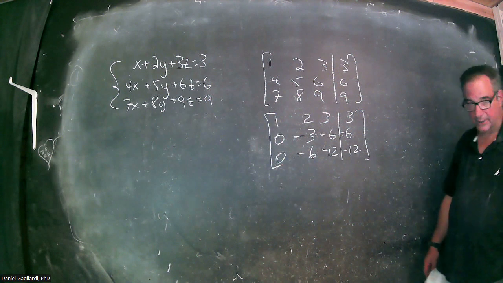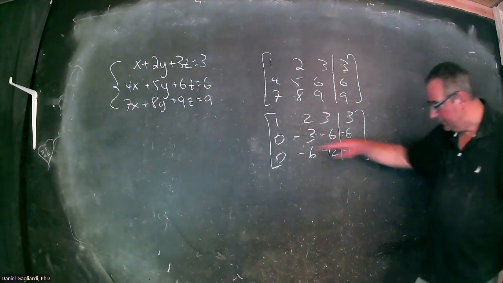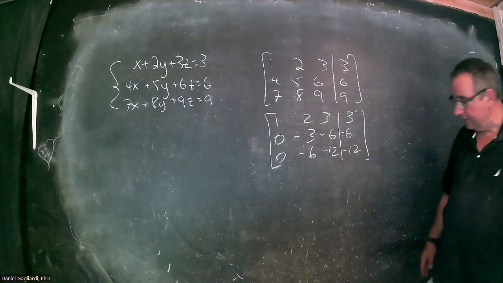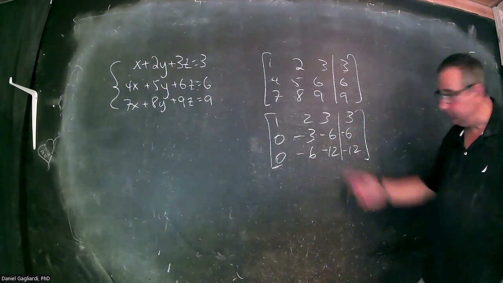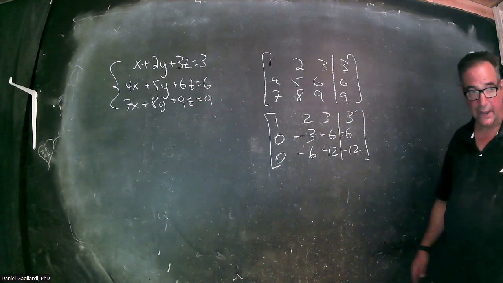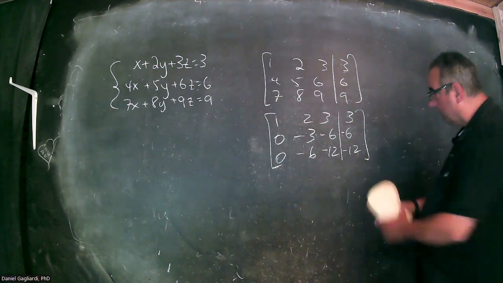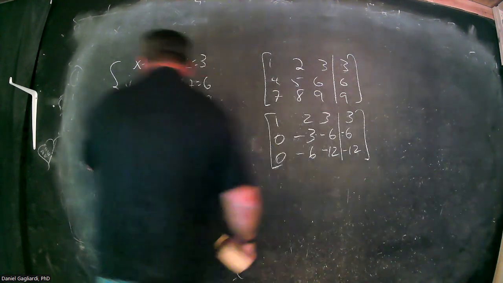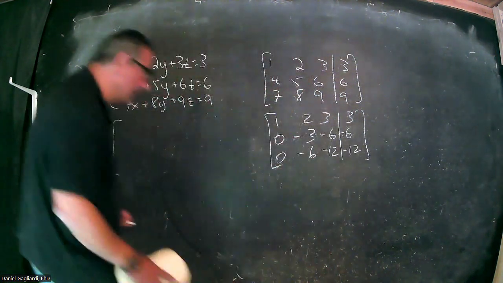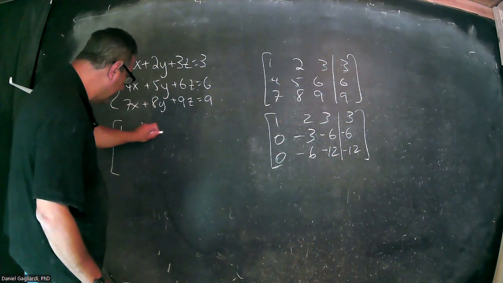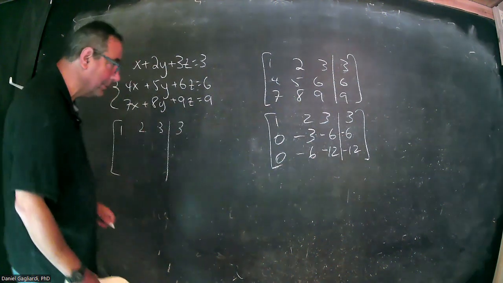And that's going to be a convenient thing, because we'll be able to turn the numbers in row 3 into zeros. First, let's multiply row 2 by negative 1/3, in other words, divide by negative 3.